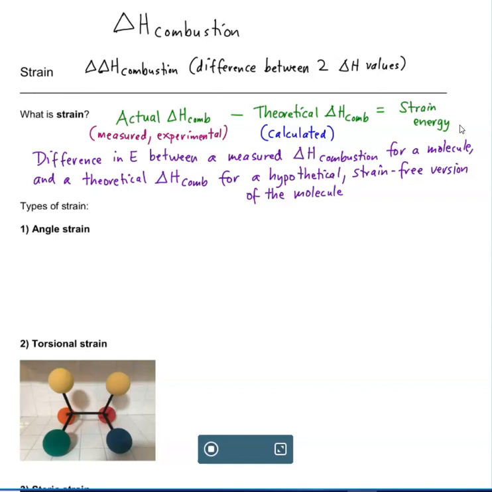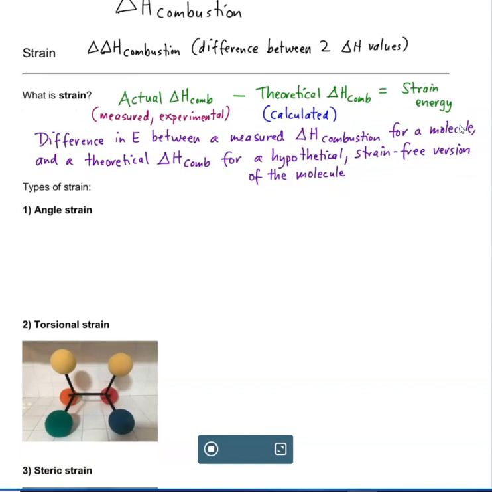Okay, so what kinds of strain are there? There's three kinds of strain, and so we're going to talk about those now and then start looking at some examples of conformational analysis so that we can learn to recognize them. Angle strain. Angle strain is found in rings, which we call cyclic molecules. So any molecule that contains a ring may or may not have angle strain.